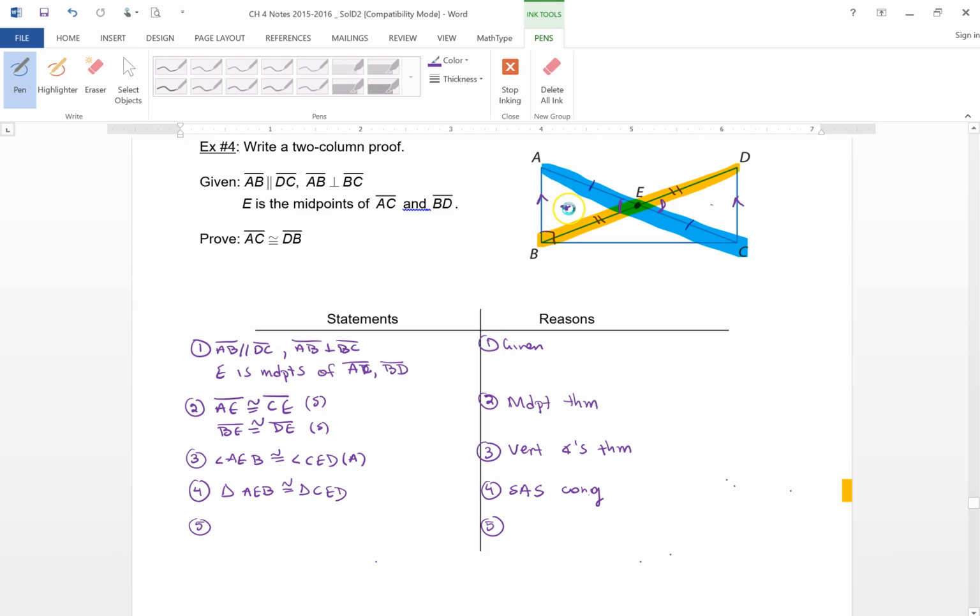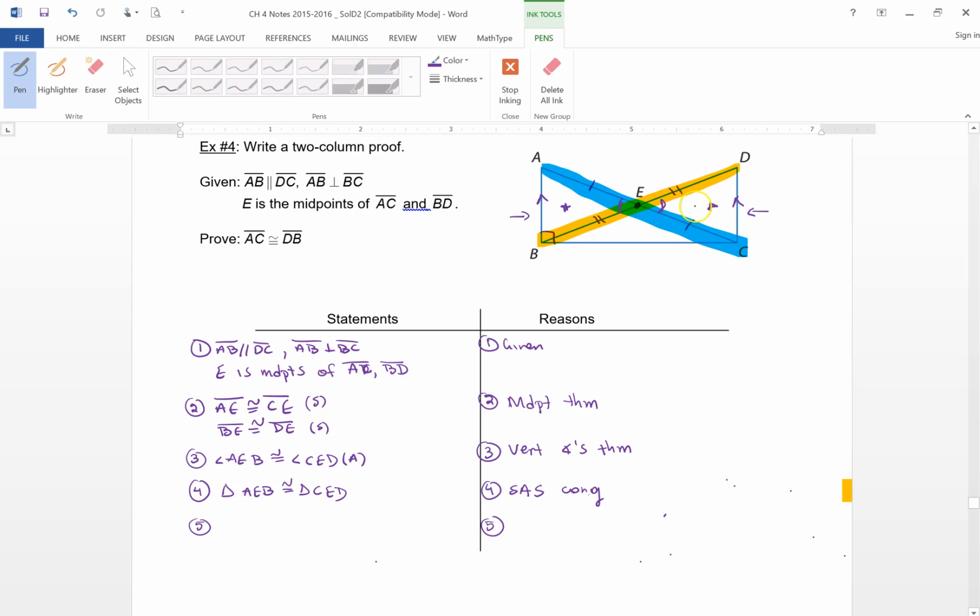This one and this one are congruent. So remember, let's keep our eye on the ball. What we're trying to prove is the big ones are congruent. To show that the big ones are congruent, now I want to show that this side is congruent to that side. Can I say that?